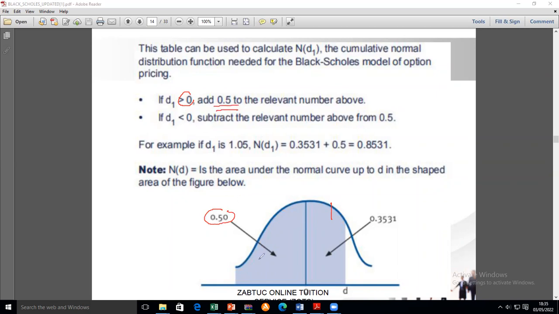If D1 is less than 0, meaning that what you have read is here, to find the distance here, what your graph will give you is this one, 0.1664. So just remove this one from 0.5 to find this portion here. Subtract the relevant number from 0.5.